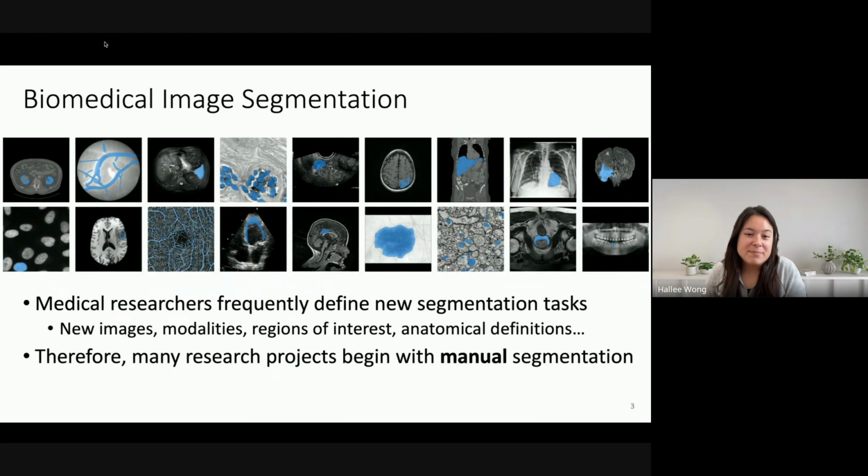More specifically, medical researchers are often defining new segmentation tasks. This is because they are either collecting new images, perhaps developing new image acquisition methods and modalities, or defining new regions of interest. And so many research projects begin with manual segmentation.